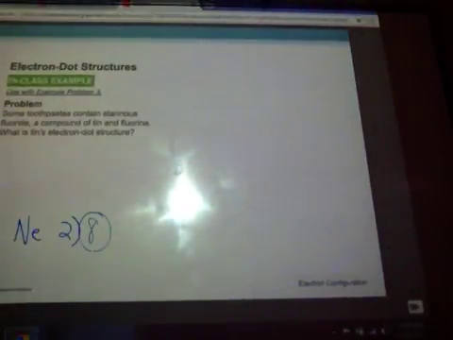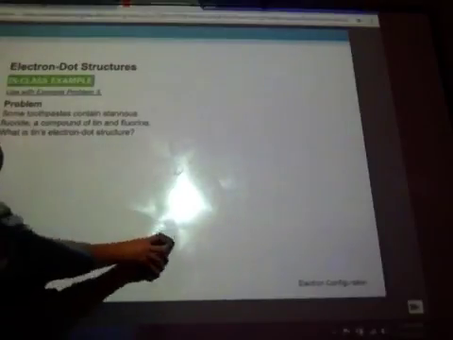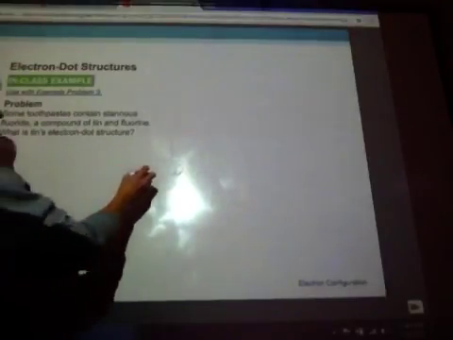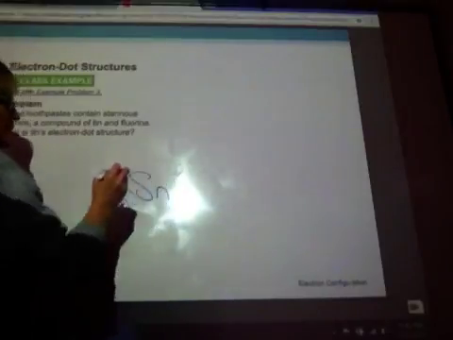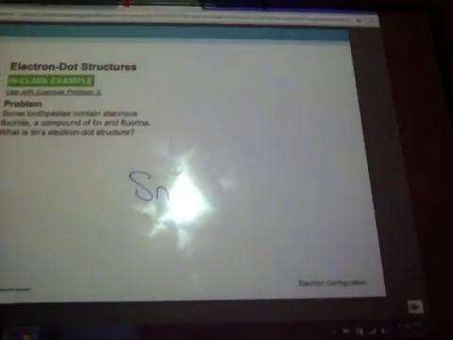So, if I'm going to do an electron dot diagram, I am going to find tin. So it's asking me to look up tin. So find tin on your periodic table. 50. Okay, 50. What is its symbol? Sn. So I'm going to write down the symbol for tin.